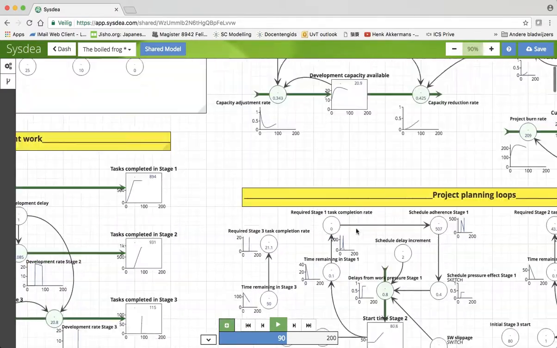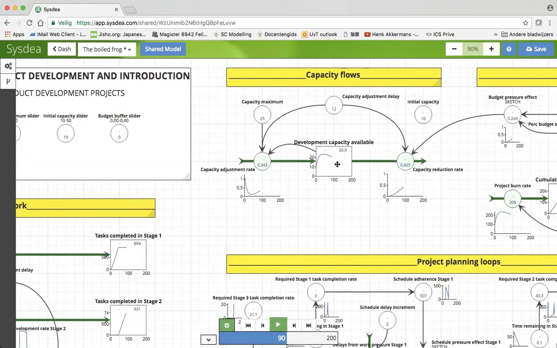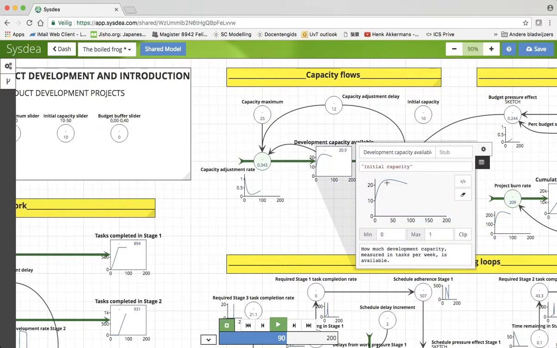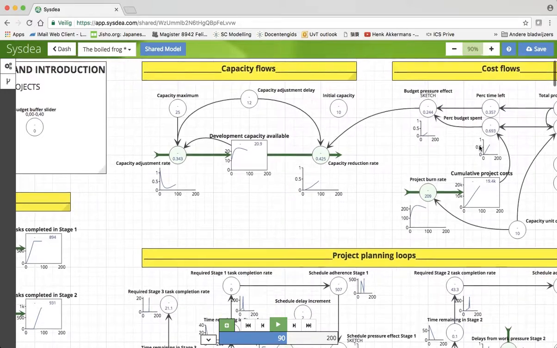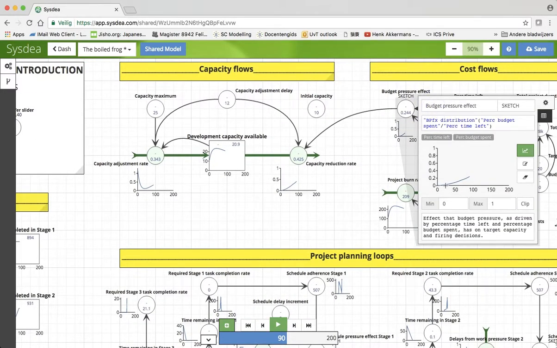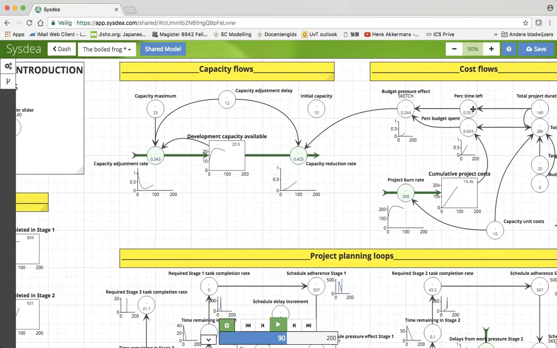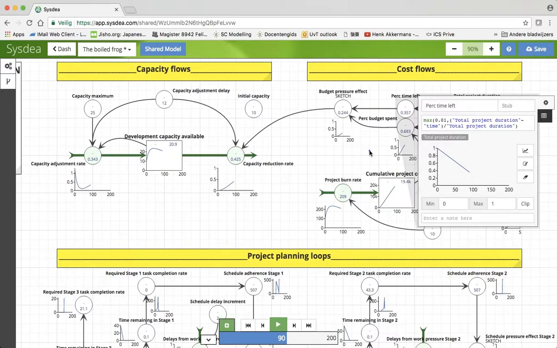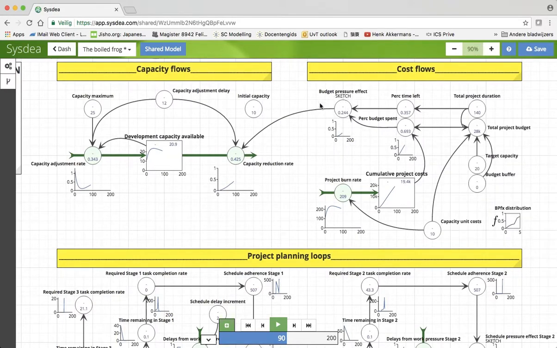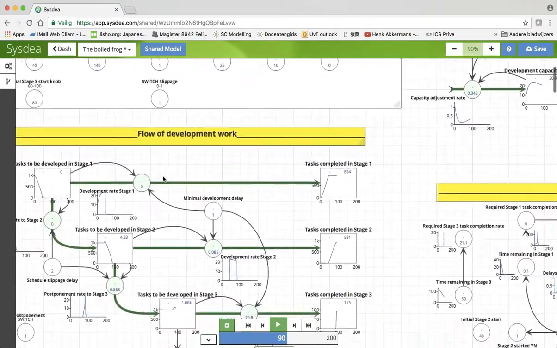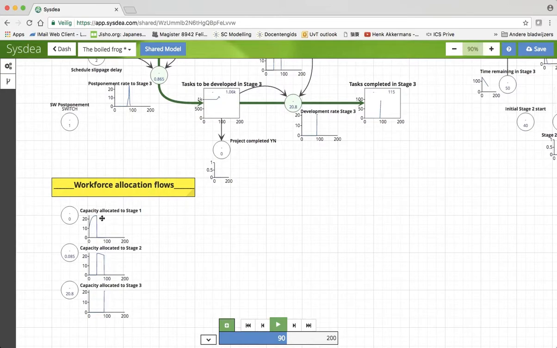If we go back to the capacity flows, we see that development capacity, the total capacity, is now already decreasing. That has to do with the increasing budget pressure. The budget pressure effect is initially quite small, but grows steadily over time as there is a smaller percentage of time left and a higher percentage of the budget spent. As a result, total capacity available becomes less over the course of stage 2.